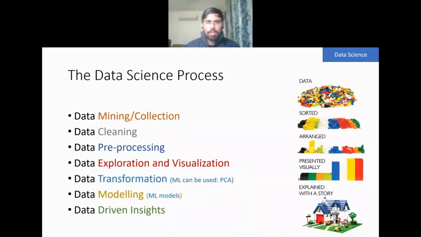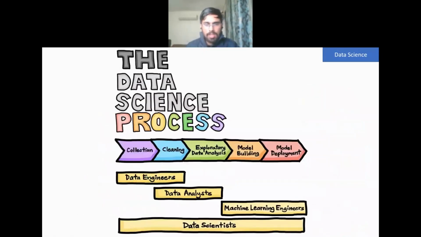And then finally, once we have all of these things, we derive insights from the data, and we communicate those insights to the senior people in the team, or the managers, or our professors, anyone. That is the sense, and this is also beautifully captured through this picture.